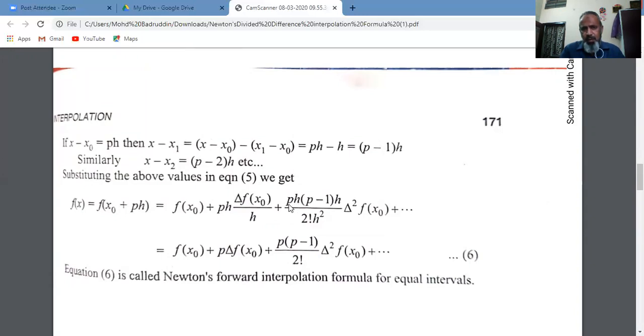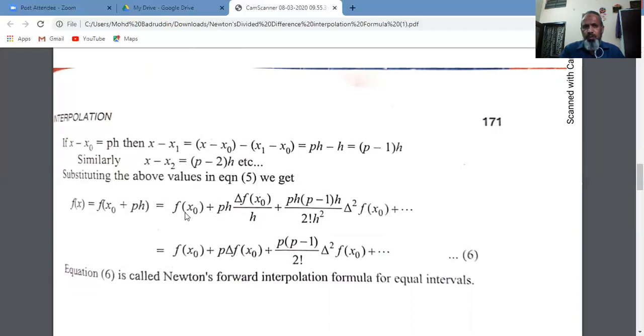Similarly, this is (x minus x naught), and this is (x minus x1). X minus x naught is ph, x minus x1 is (p minus 1) into h. And this value is the second divided difference, f of x naught, x1, x2. And in forward differences, we can write it as delta square f of x naught by factorial 2 h square. Similarly, we can write other terms.